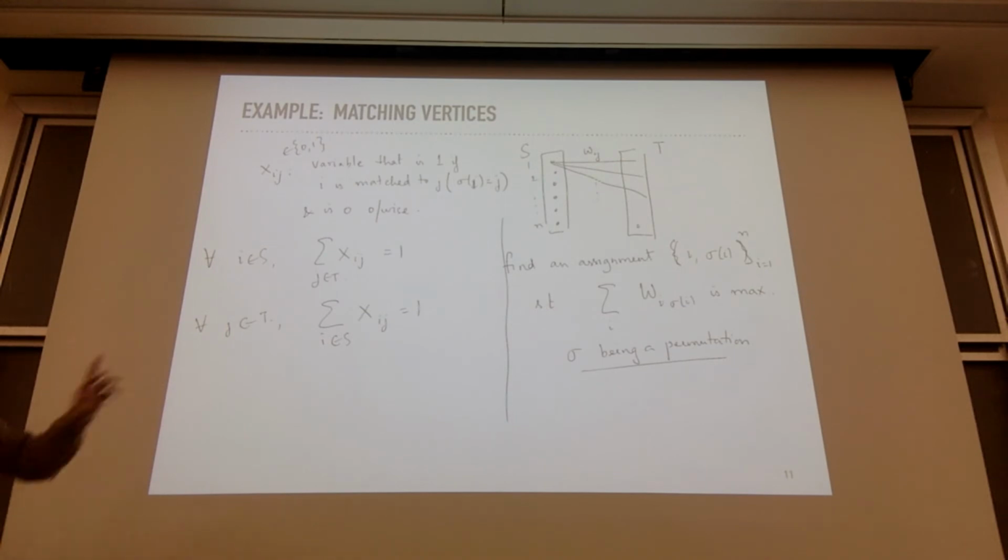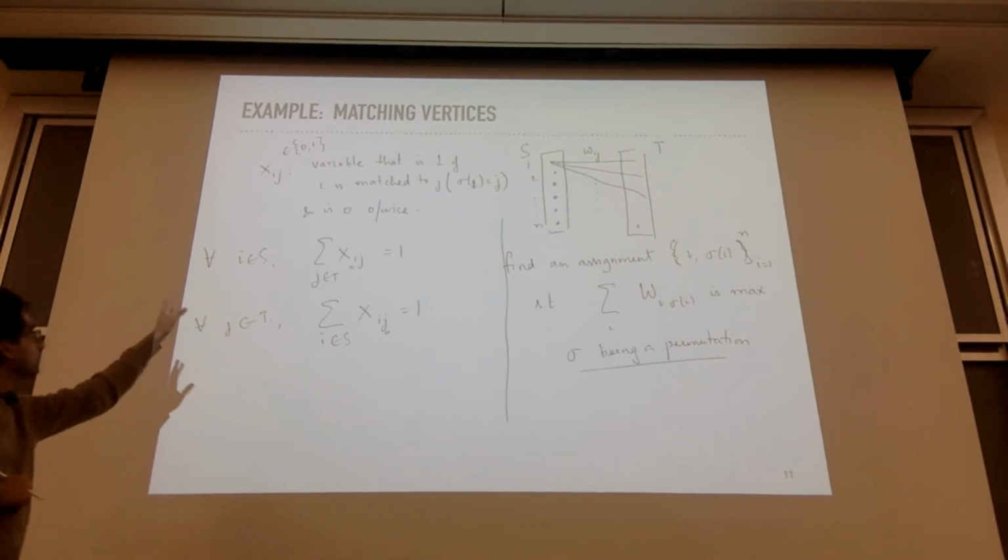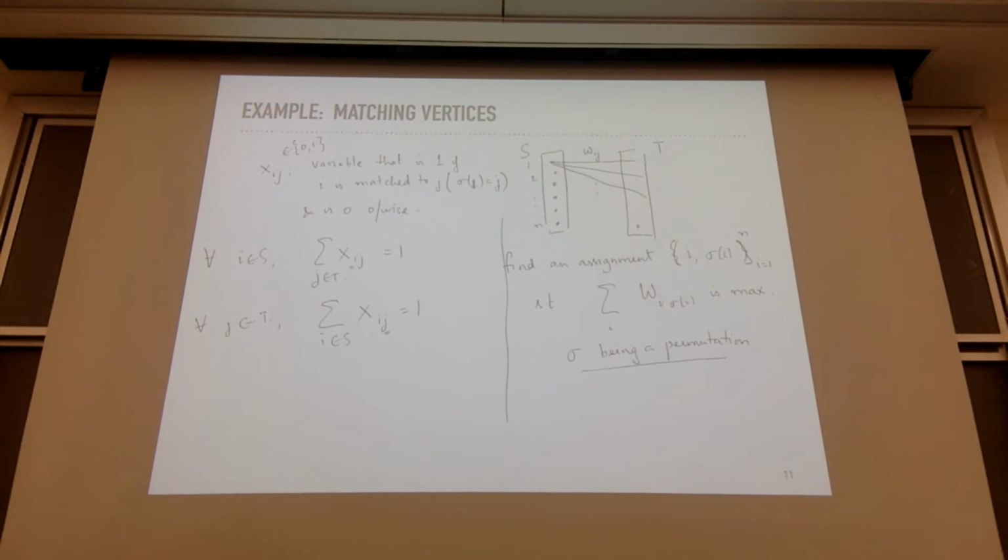These look very similar, but the summation is on the other side. So here the i is fixed, here the j is fixed. So these are the constraints you have.